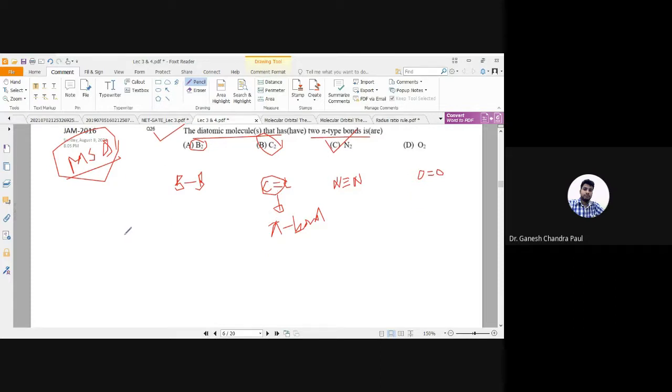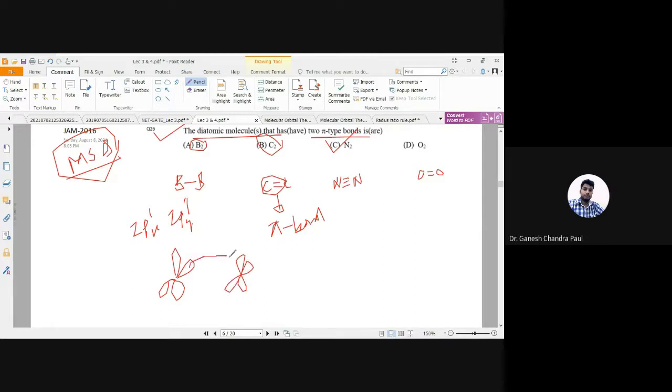Because if you look at the electron configuration, 2px and 2py are the two orbitals containing a single unpaired electron. Now when they combine themselves, let's say this is 2py and this is 2px type of orbital, and another 2py and 2px orbital is present like this.